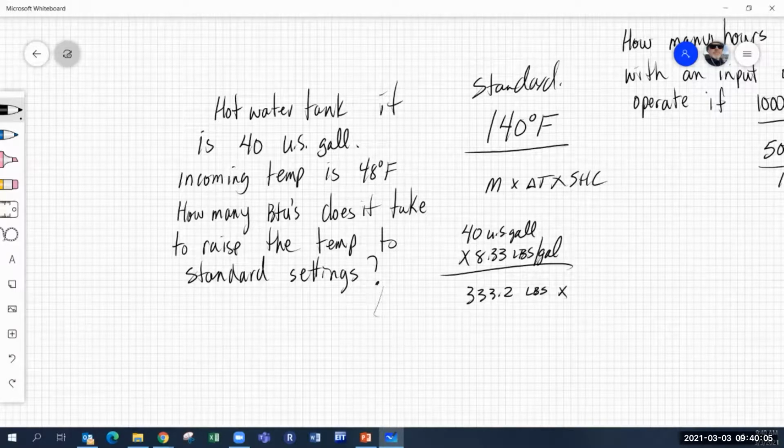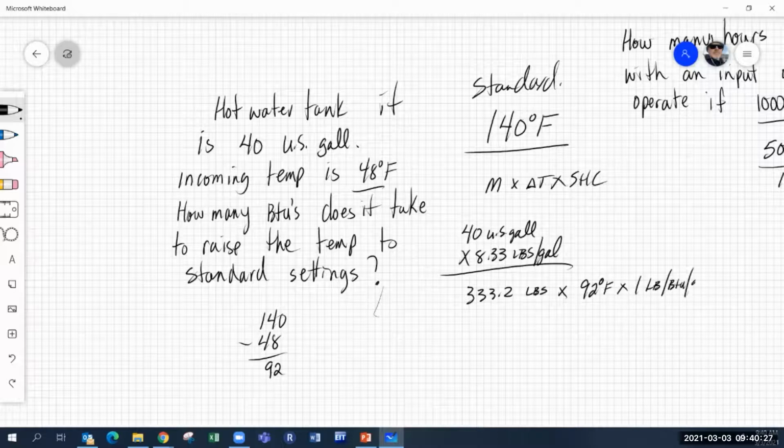And then we multiply by our delta T. Our delta T is from 140 minus 48. So that's, how much is that? 92. So we multiply by 92 degrees Fahrenheit, multiply by the specific heat capacity of water. And that comes out to 30,654 BTUs.